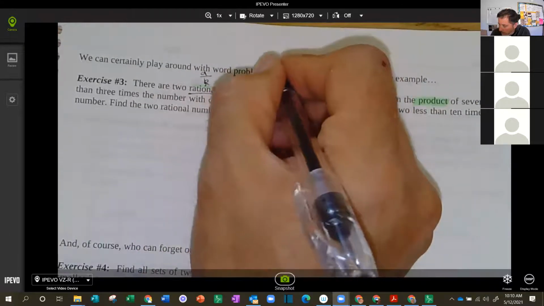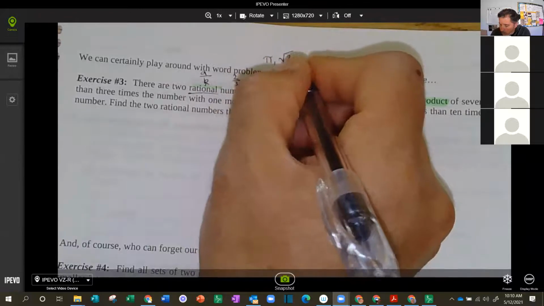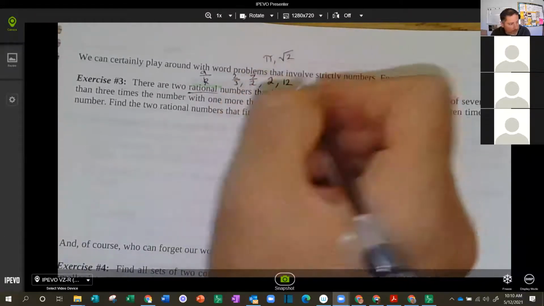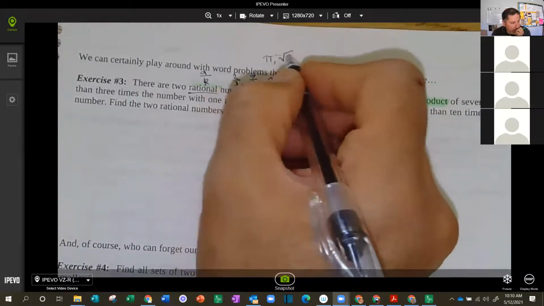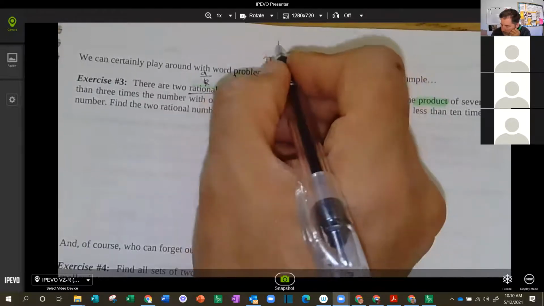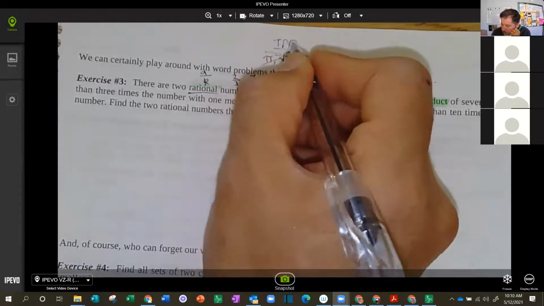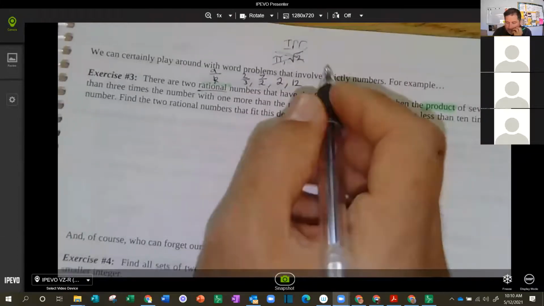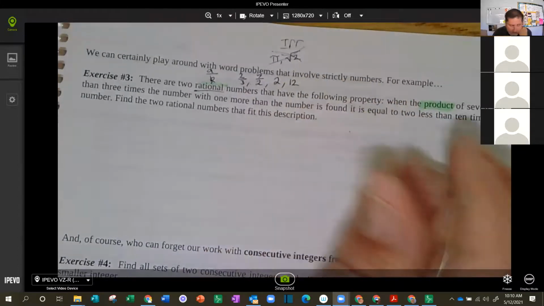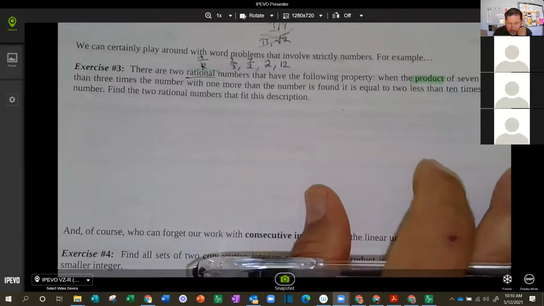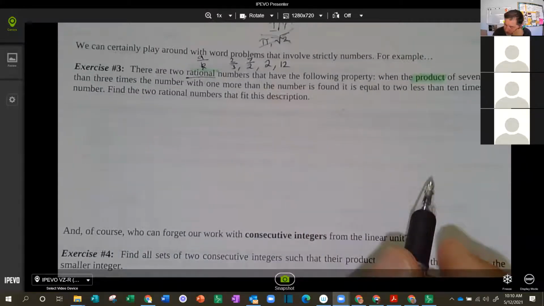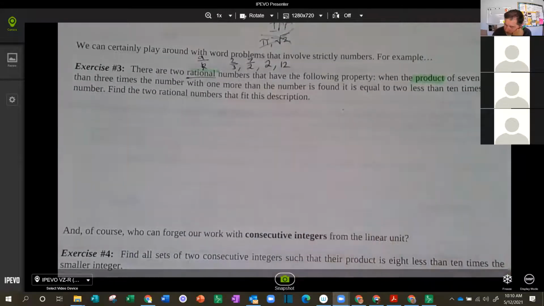Irrational numbers are like pi and radical 2, because they go on forever and never repeat. All of these can be written as a fraction. These two cannot. So these are called irrational numbers. And that's usually a good way to remember rational numbers. It's everything else. So every number we've ever worked with has always been rational so far, other than occasionally we use pi in school so far.